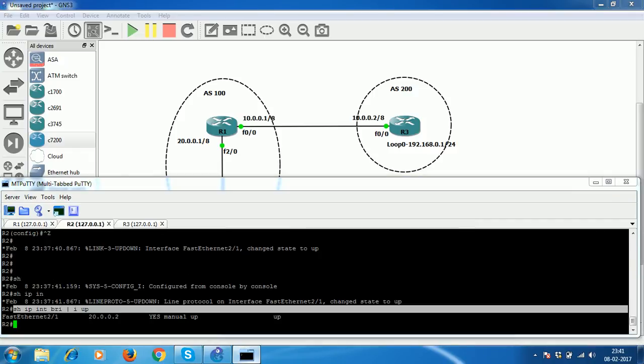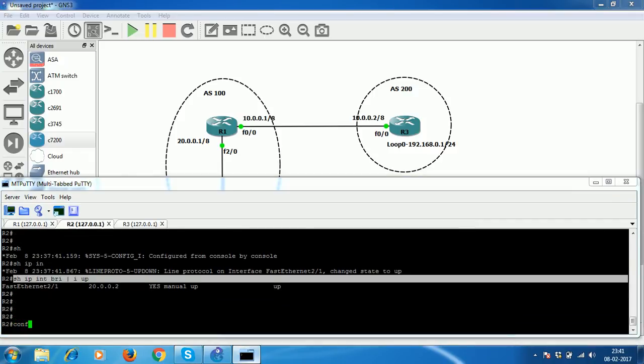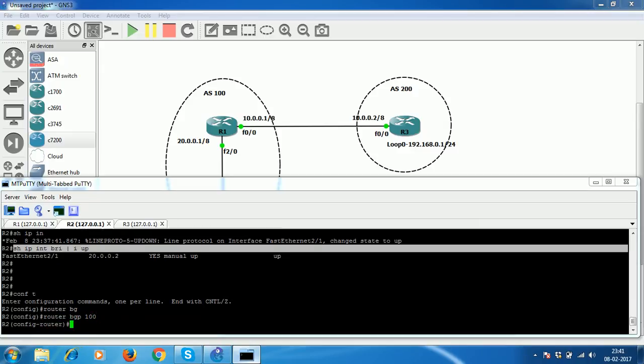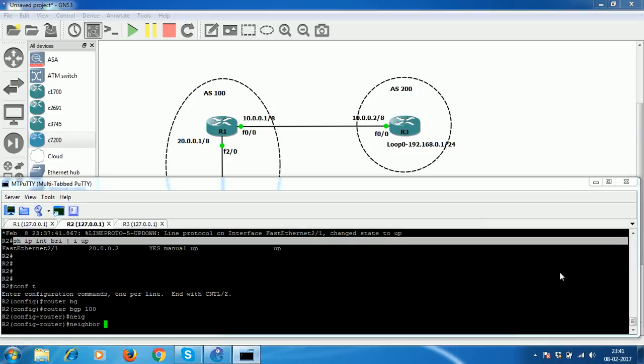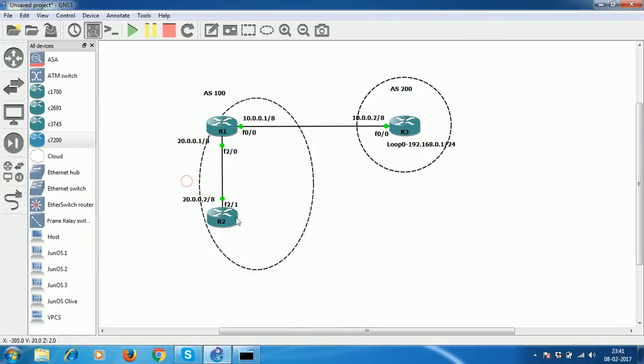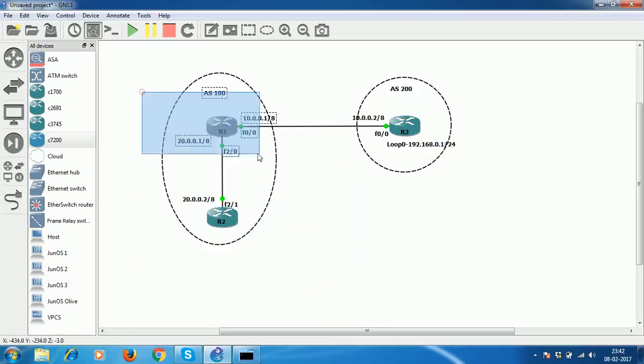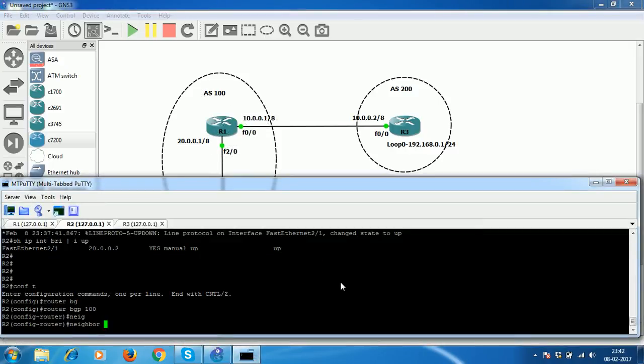Let's go to R2. Configure terminal, router bgp 100. For R2 there is only one neighbor, which is R1. So it is 20.0.0.1, the other end of the interface connecting R2 to R1, remote-as 100.